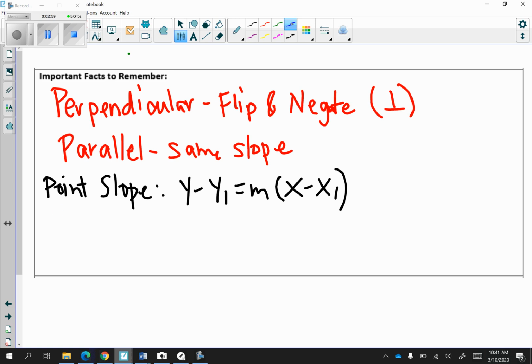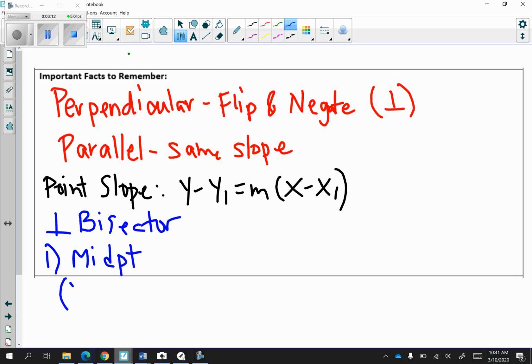And finally, to get a perpendicular bisector, you need to follow 4 steps. The first is to find the midpoint. You add your x's together, divide by 2, add your y's together, divide by 2. Second step is find the slope.